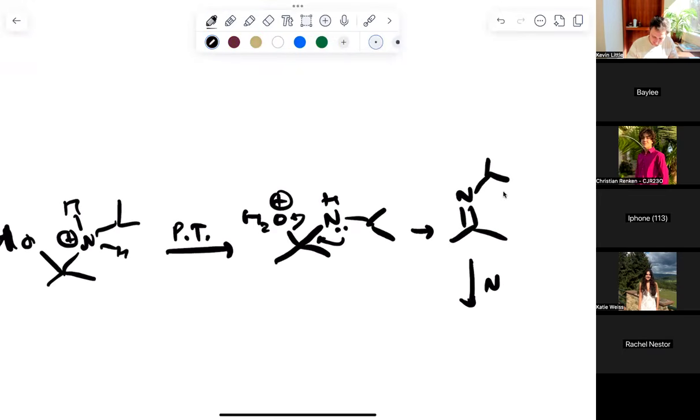Then what is NaBH4? That's just like a base. No. Close. Reducing agent. It's like LAH, H minus.